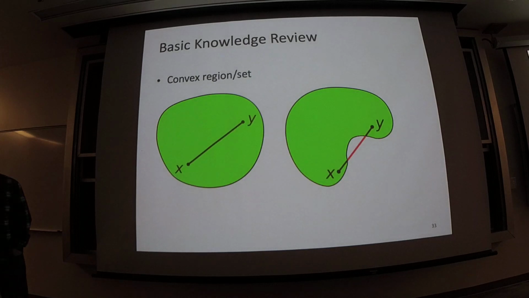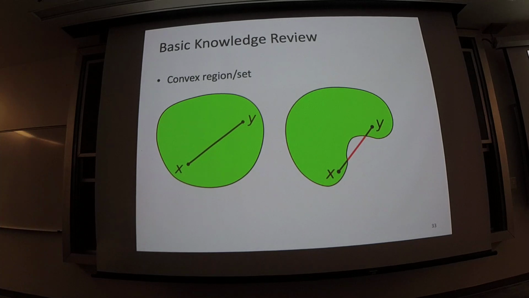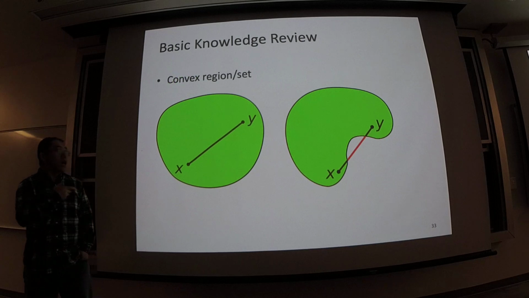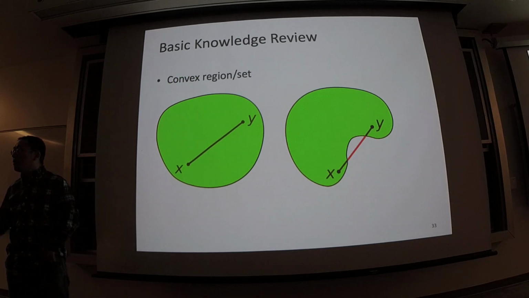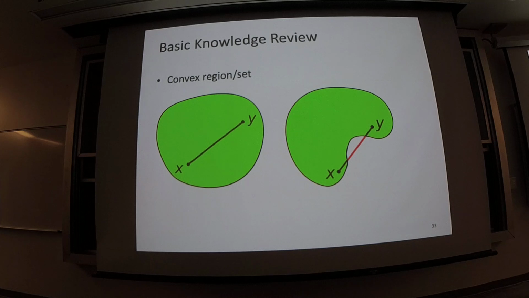So now let us introduce another important concept regarding functions, that is convex functions. First, convex functions are defined on a convex region or convex set. So that means the domain of a convex function must be convex. So what does convex set mean?